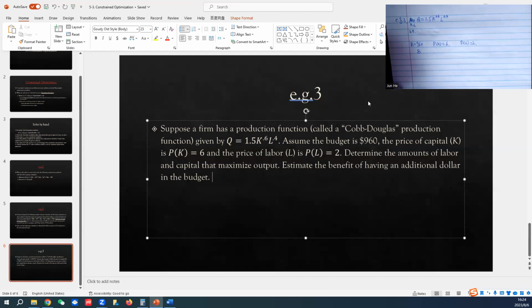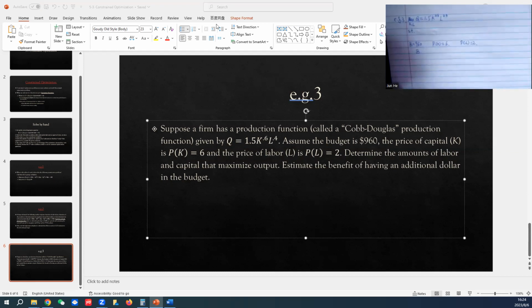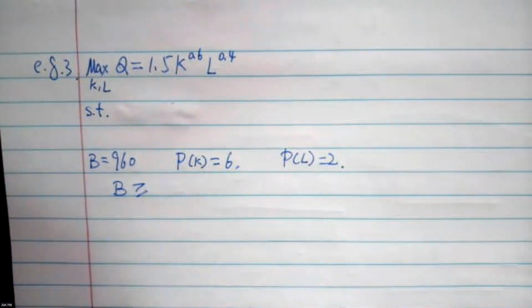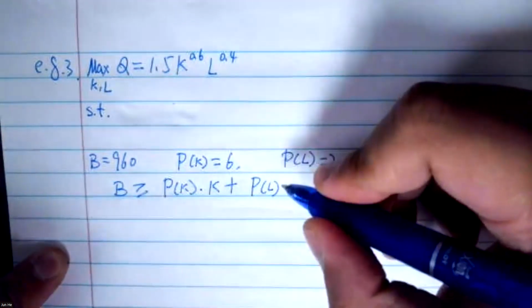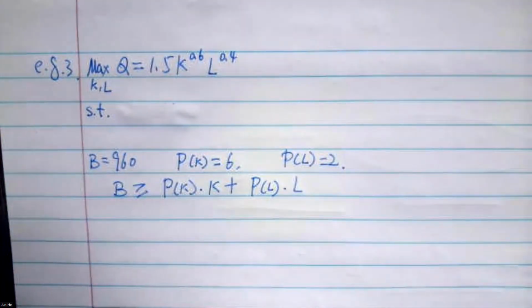Okay, so first, as I emphasized, we need to translate this verbal language into math symbols. Here, the budget is greater or equal to your total expenditure on recruiting capital and labor. That is the price of capital by capital plus unitary price of labor by total amount of labor recruited.